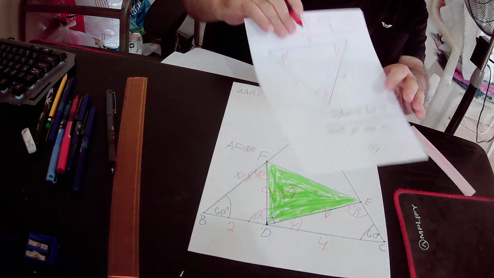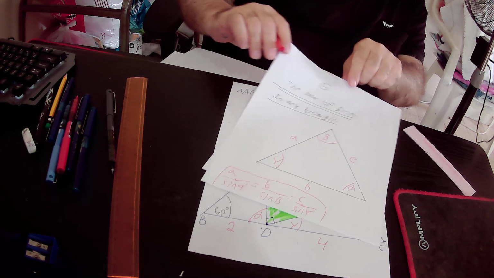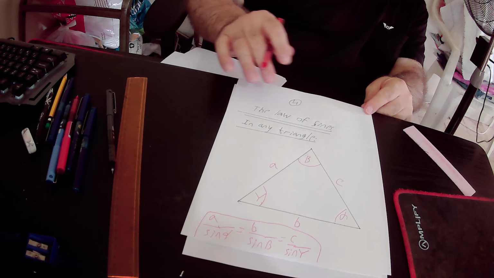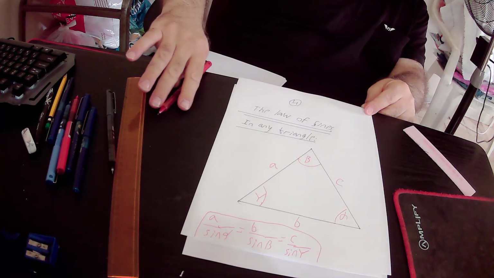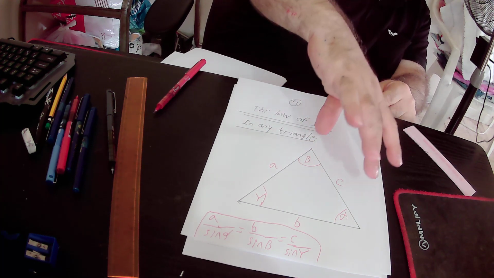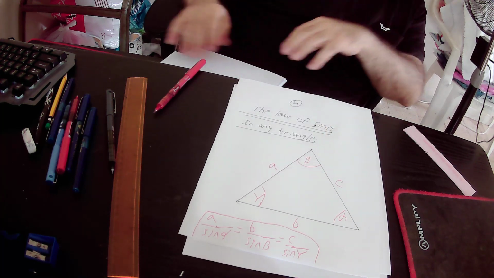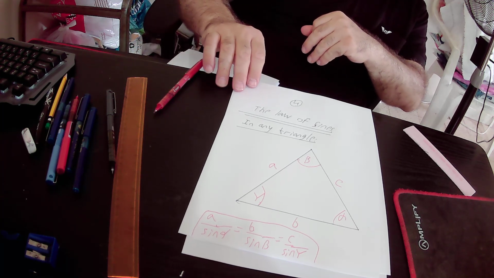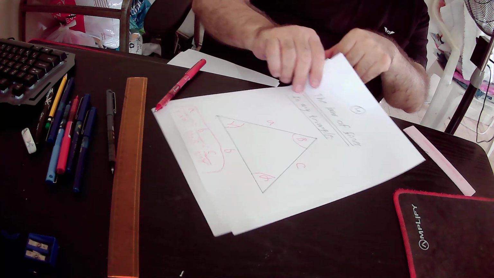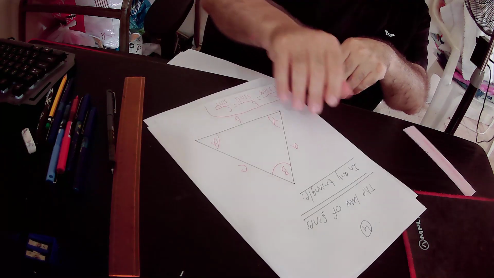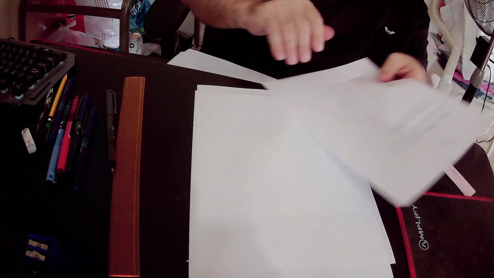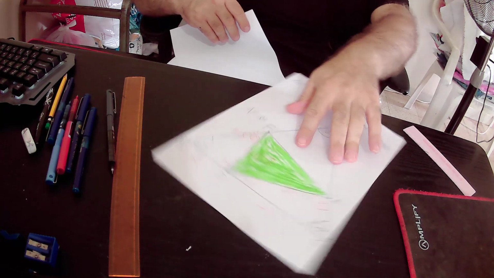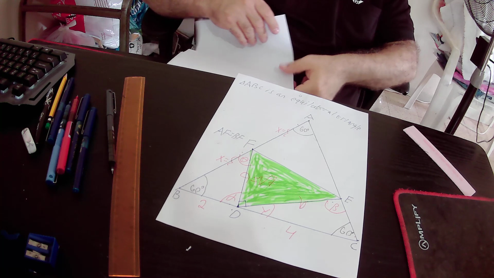Okay, so in the black triangle, A over sinus alpha equals B over sinus beta equals C over sinus gamma. Actually, we can implement the law of sines in triangle FBD in our drawing.